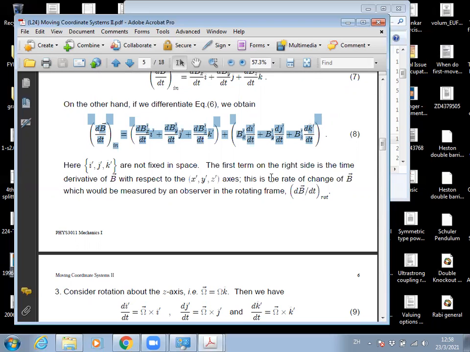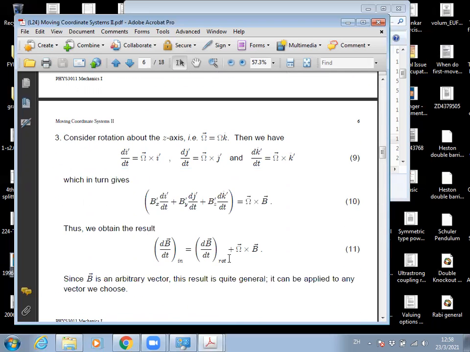Again, two terms. The first term is dB vector/dt according to the rotating frame, or measured in the rotating frame. And this is the rate of change of the B vector observed in the inertial frame. What is the difference?